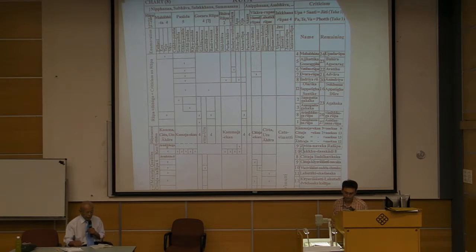So first we describe the 9 Kammaja Kalapas, material groups produced by Kamma. So these material groups are formed from the 18 Kammaja Rupas. Here we describe there are 18 Kammaja Rupas. So these 9 material groups are produced from these 18.